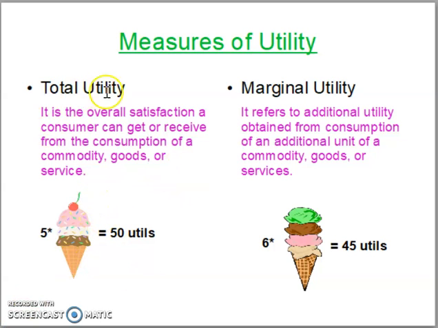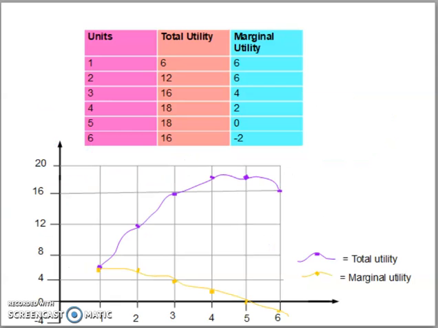So let us understand these two measures of utility with the help of a diagram and a table. This is a tabular statement of data related to units, total utility and marginal utility. You can take anything, for example we are taking ice cream.